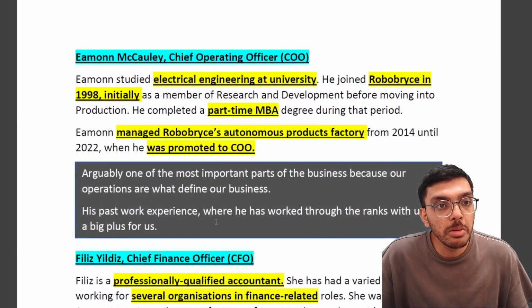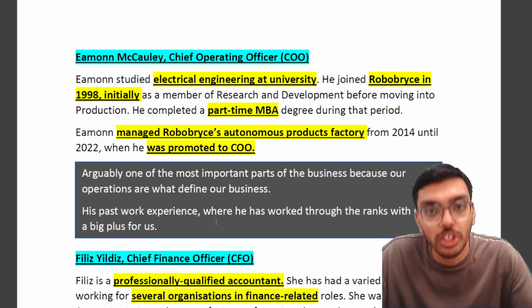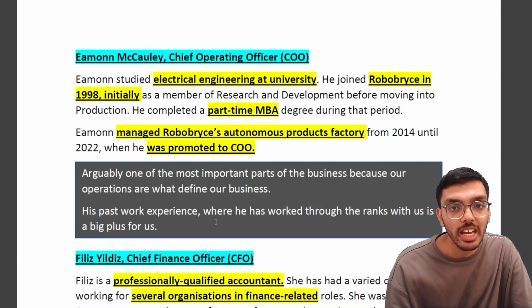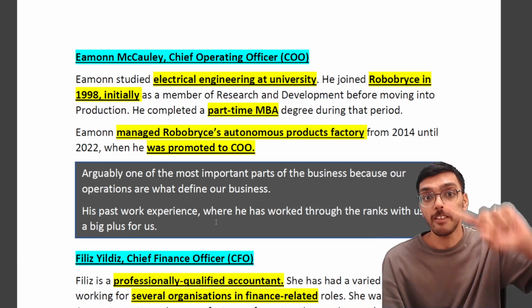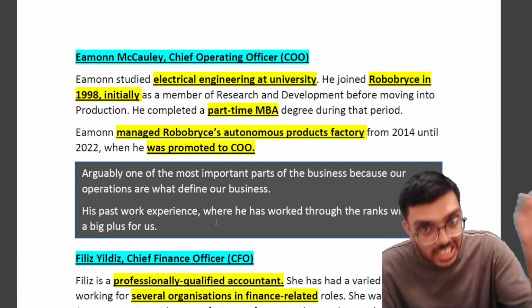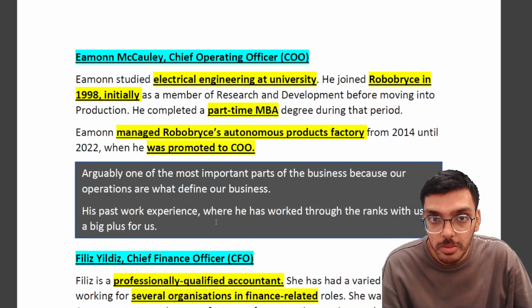Next, we have Eamon Macaulay, Chief Operating Officer, who looks at operations. Eamon studied electrical engineering at university. So we have a mechanical engineering background in our chairman, and an electrical engineering background in our operations officer.